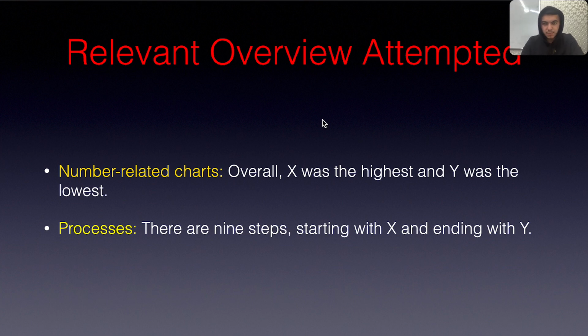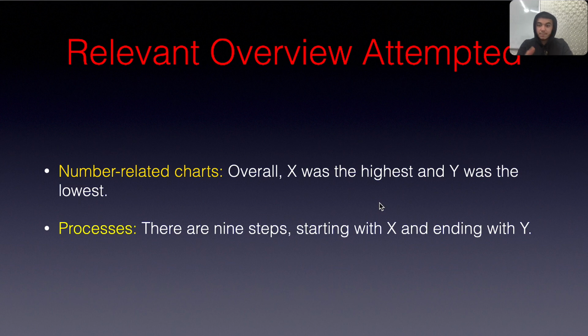So let's look at some examples here of Band 6 overviews. For number-related charts, if you say something like overall, X was the highest and Y was the lowest, if you just focus on what was the highest and what was the lowest, then it's a band 6.